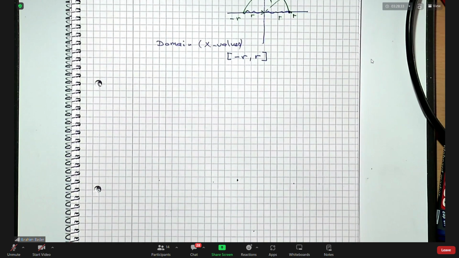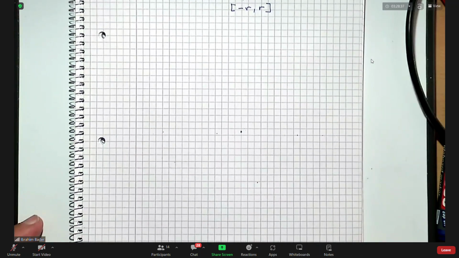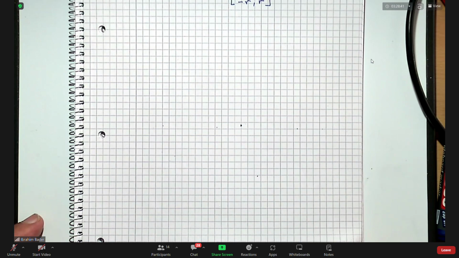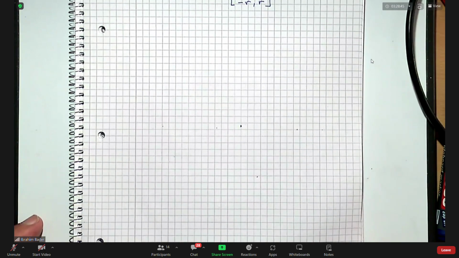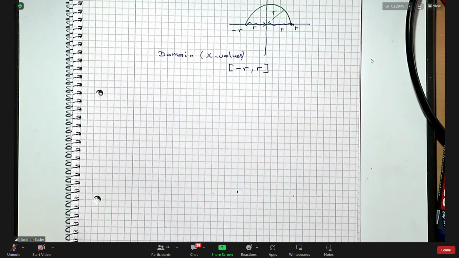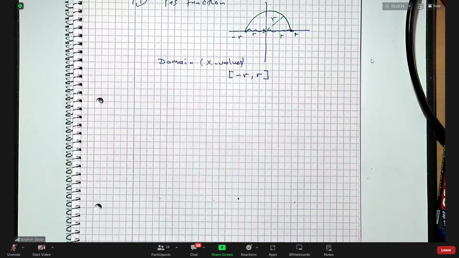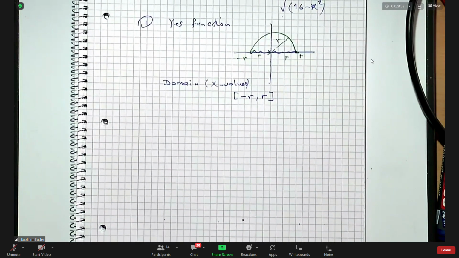Now number two. Is it clear, or shall I repeat? Again, just to remind you, what does it mean that the domain of a function is these values?